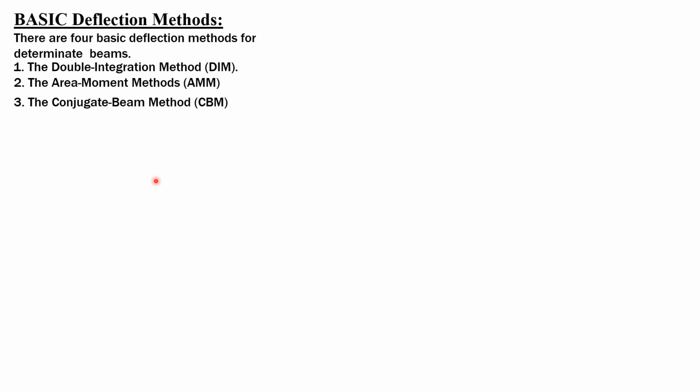And lastly, we have the energy method, which has two sub-methods, namely the virtual work method and the Castigliano's second theorem. So our main concern in this video is the derivation of the double integration method.